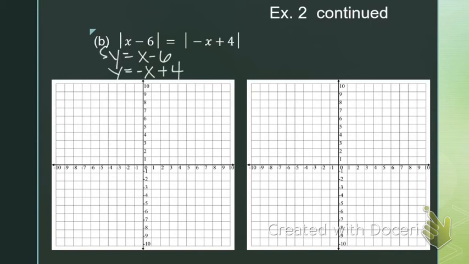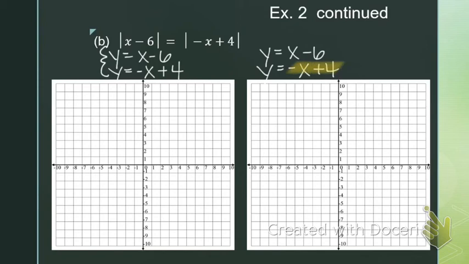Very good. We got the first system. We got y equals x minus 6, and y equals negative x plus 4. Now, I told you to rewrite the exact same system, and where is the only place you had to make a change in this second system?